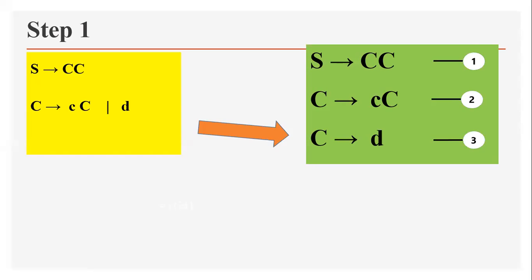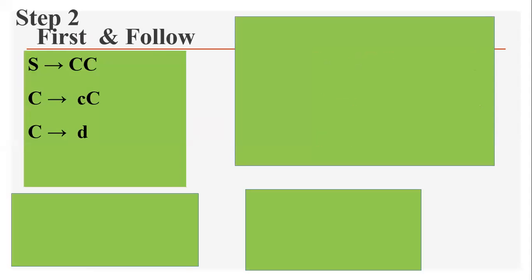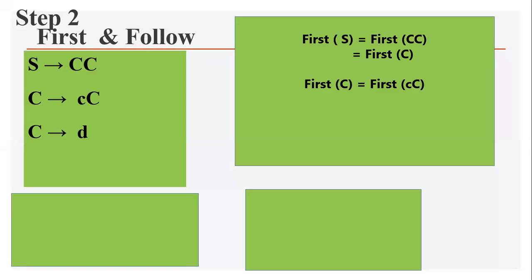That is the first step. After that, you have to compute first and follow. That is the second step. Once again, first of S is equal to first of CC, that is first of C. So first of C is equal to first of small c, so the answer is c itself.